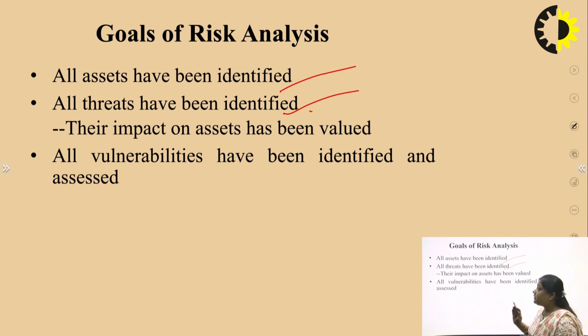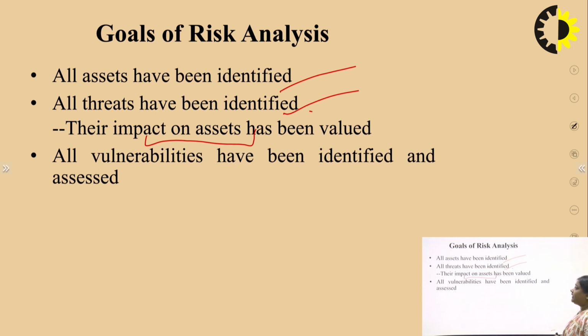And next, we have to identify all the threats, and if a threat occurs, to how much extent it can damage our system. So their impact on assets should also be valued.